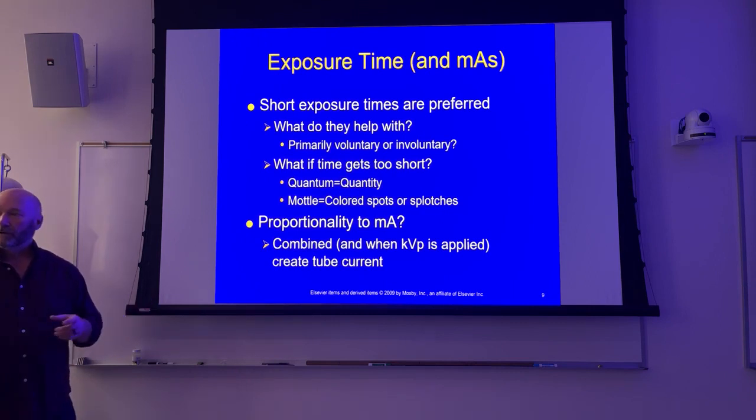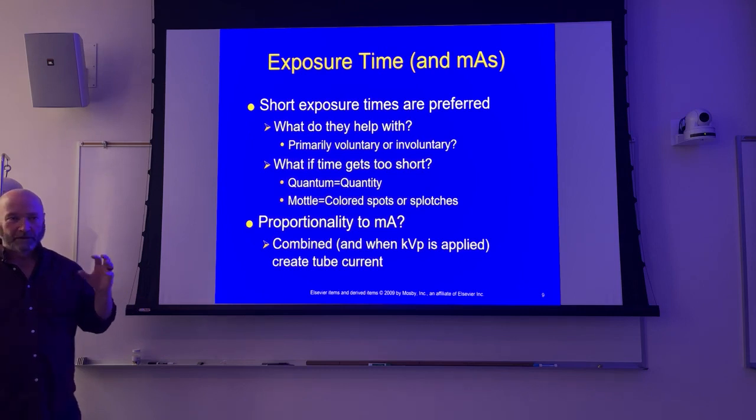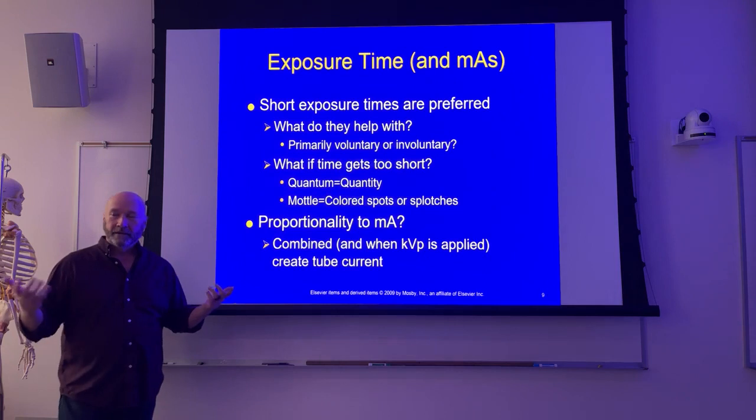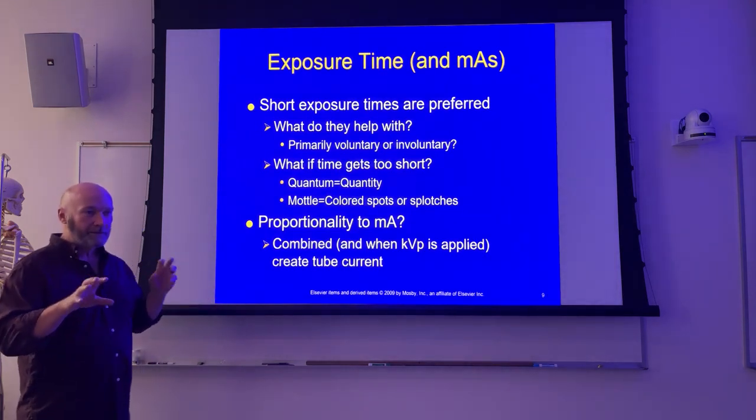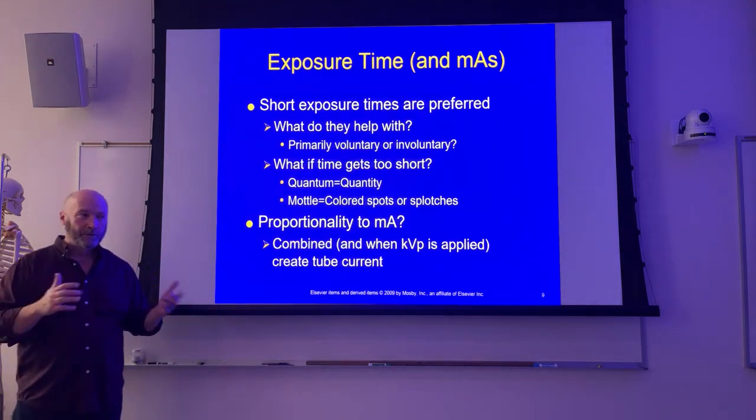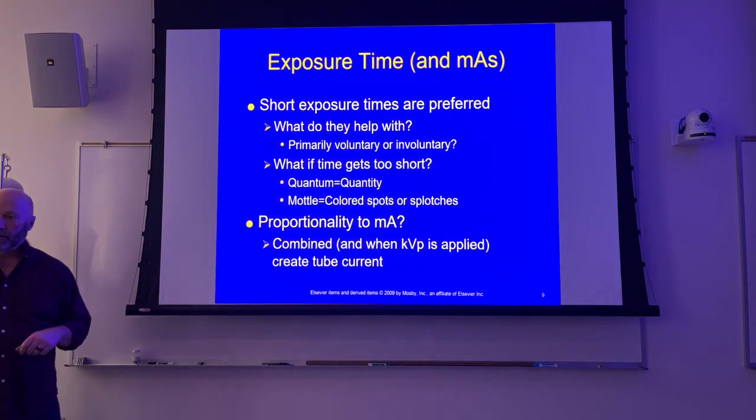So have you ever heard of something having a mottled appearance? Anybody ever referred to that? You've got a patient kind of splotchy looking, they have a mottled appearance to their skin. That's what mottle means, a splotchy appearance. So you put the two together, you get a splotchy appearance because you don't have enough of something.